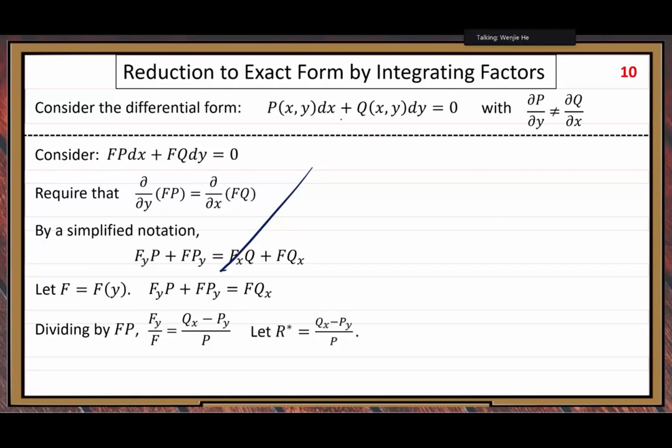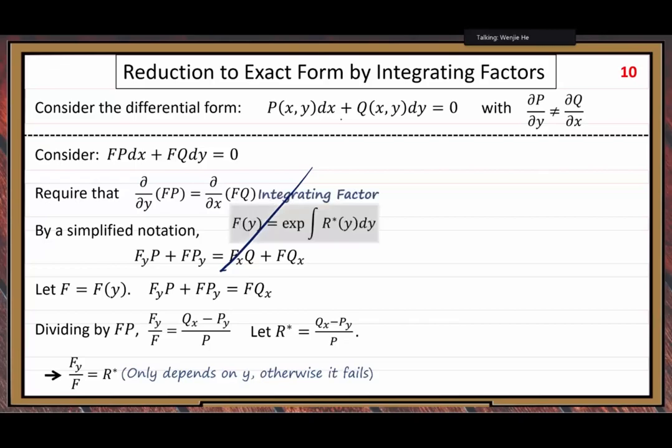This time we use the R star symbol to represent this special fractional function. R star, different from R. If R star is a function of y, then we can solve this ODE for capital F. The solution is F of y equals e to the integral of R star of y.